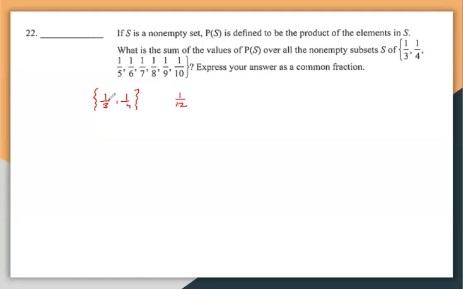If I have just 1/3 itself as my subset, the product is just 1/3. If we have 1/3 times 1/4 times 1/5, you get 1/60.